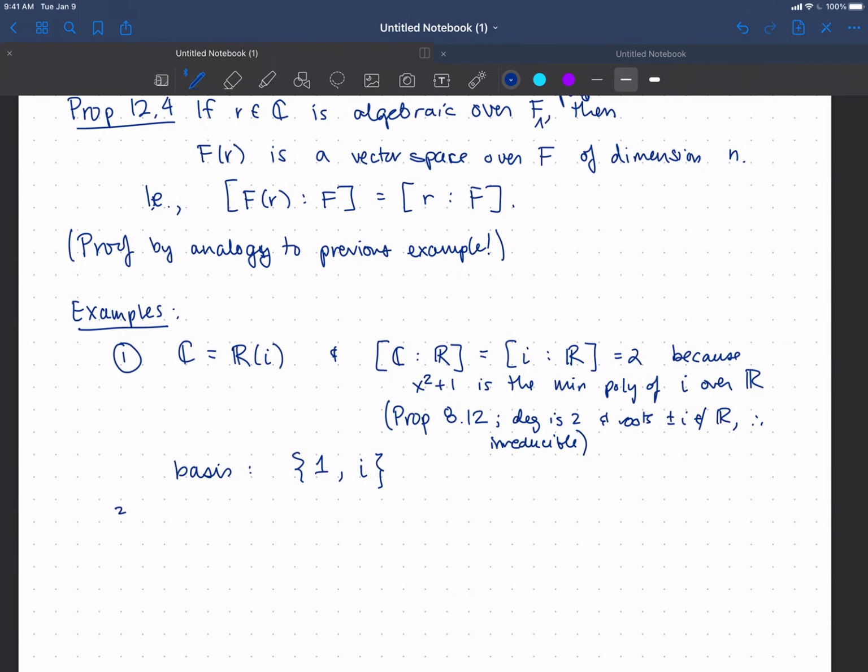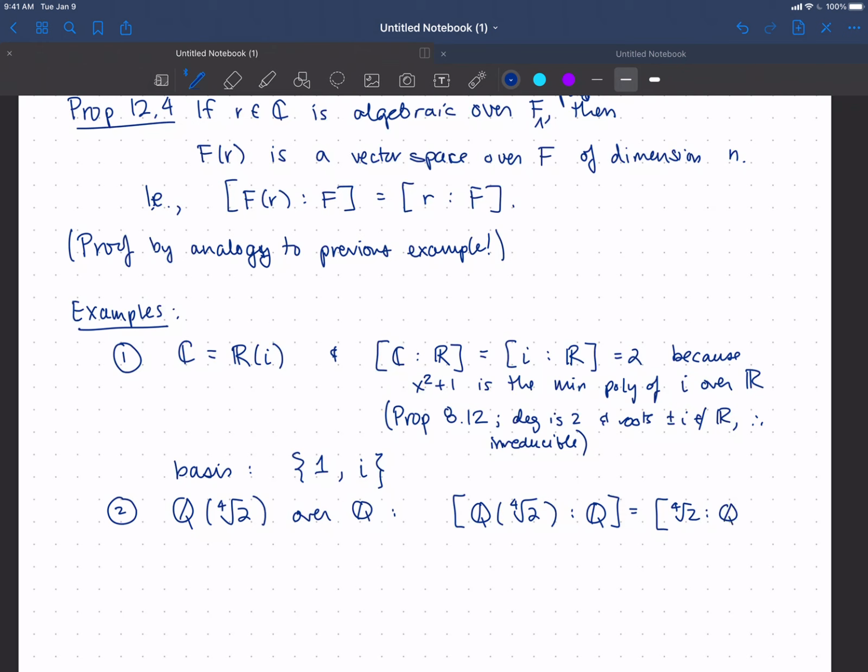Let's do another example. Q adjoin the 4th root of 2 over Q. Well, if I think about this thing as a vector space, the 4th root of 2 is algebraic.